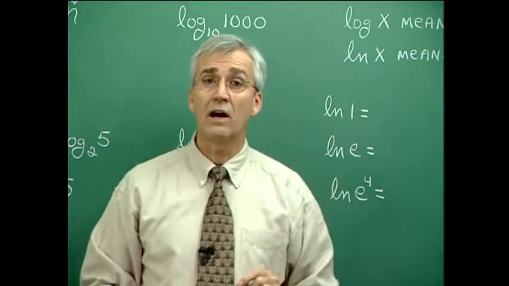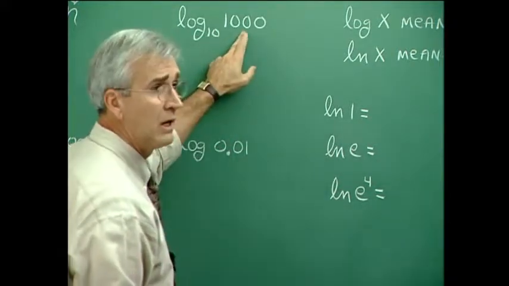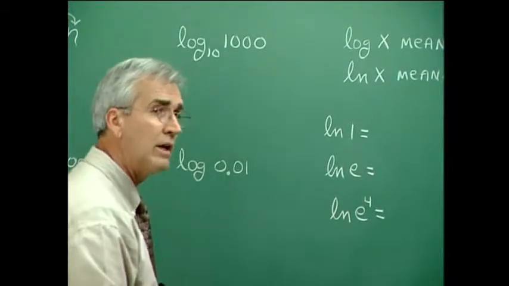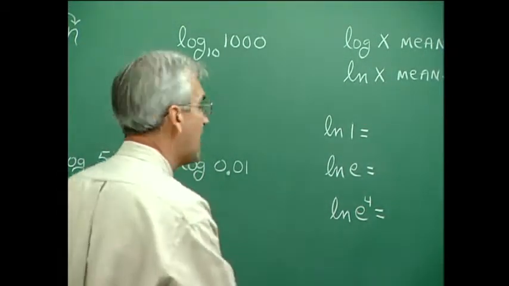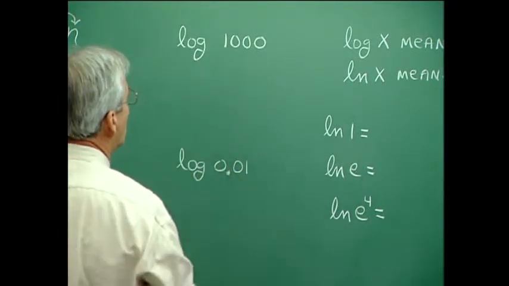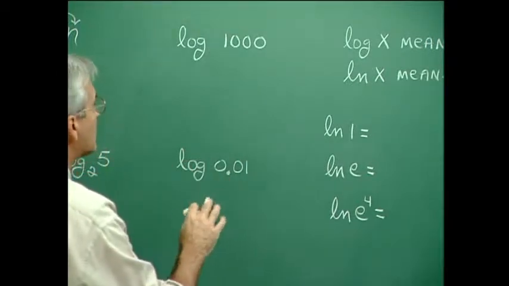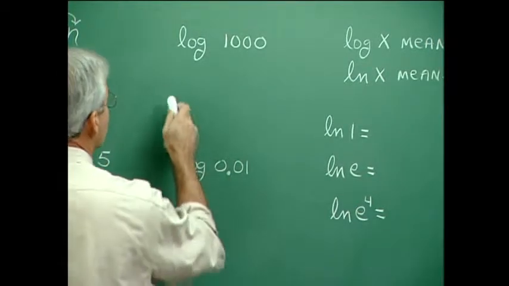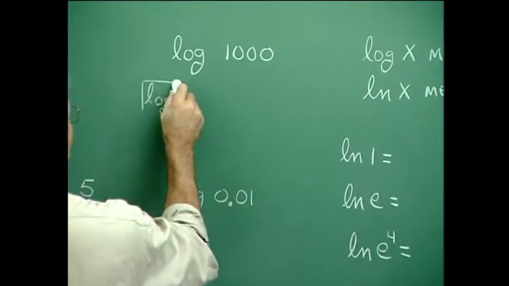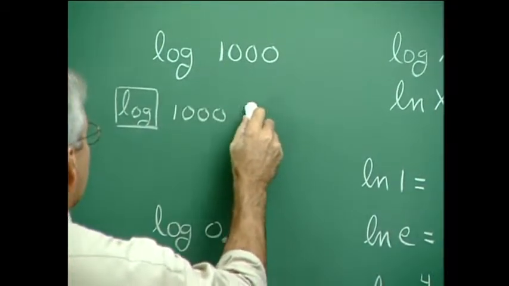Because it's on the calculator, we can make the calculation for the log of 1,000 using the calculator. A lot of times this 10 is not even written. If a logarithmic base is unwritten, then it's understood to be 10. So this might be shown as log 1,000. To make the calculation on a graphing calculator, you press the button marked log, enter 1,000, and press enter.